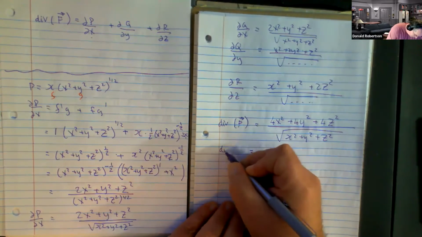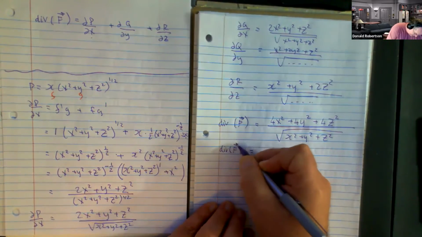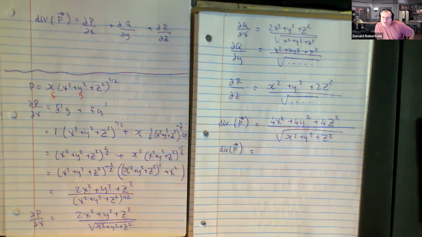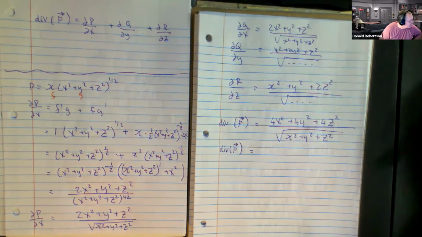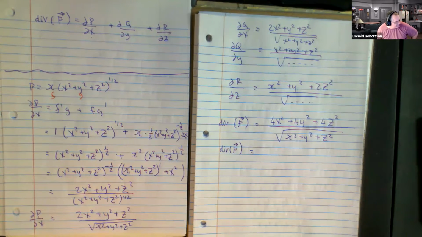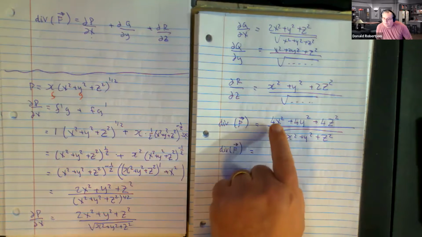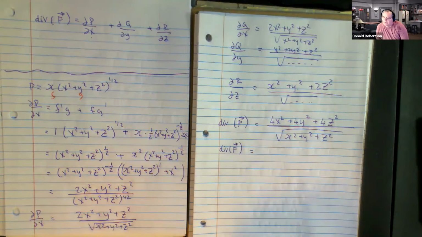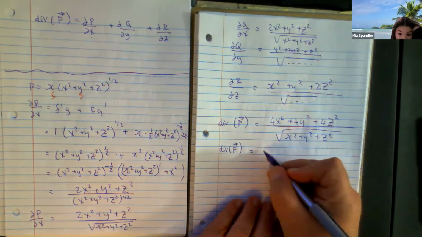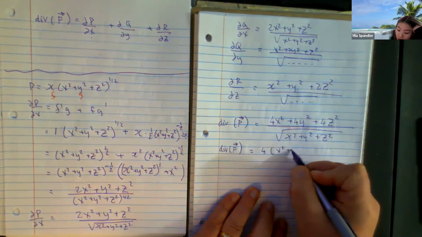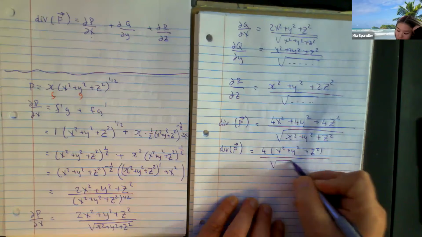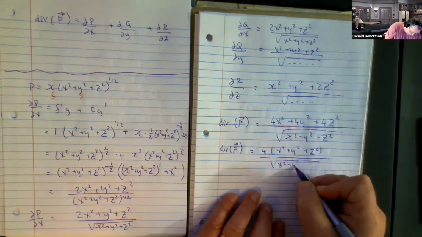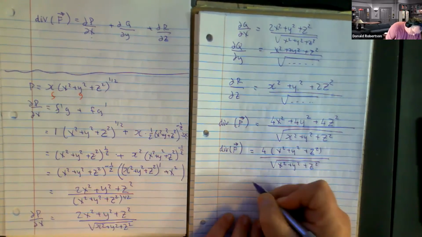Again, we're still working on making things pretty. Can anybody see anything that you could do to simplify this in some way? Pull out a 4. Yeah, why don't we start with that? Have you noticed that the top and bottom both have x squared plus y squared of some type?